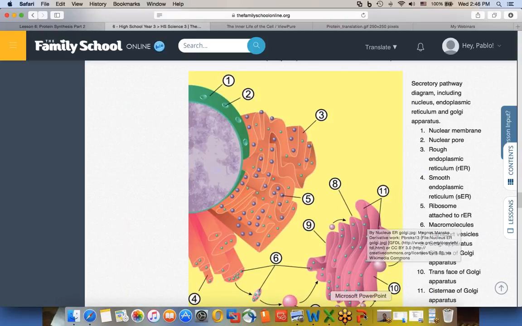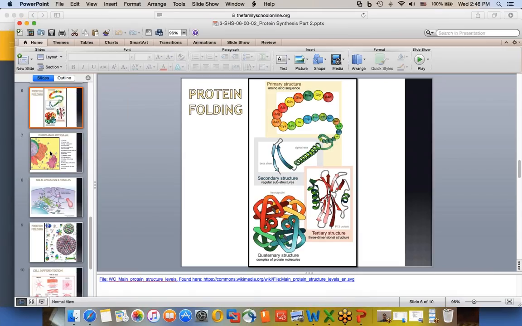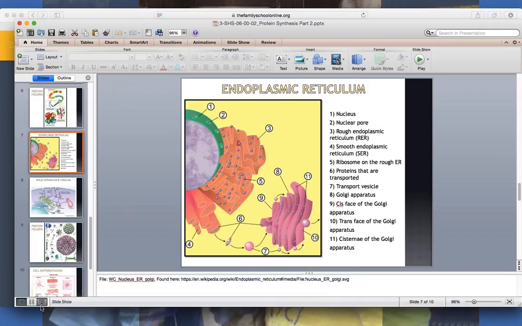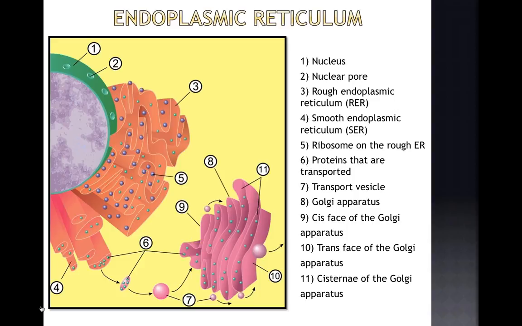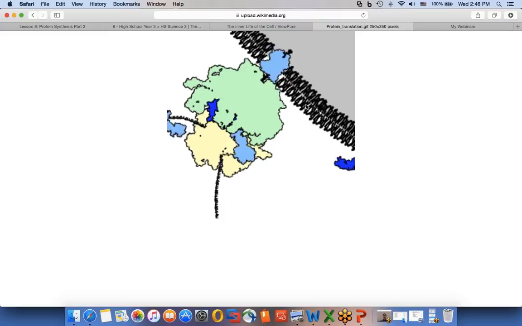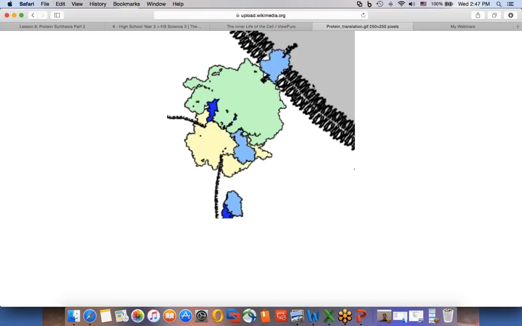If it's being used inside a cell, these proteins are formed inside the ribosomes and can be just released into the cytosol. If it's being used outside the cell, the ribosome attaches to the endoplasmic reticulum, or the ER, and that's why there are 2 different kinds of ER, the smooth ER and the rough ER. The rough ER is the ER with all the ribosomes attached to it.